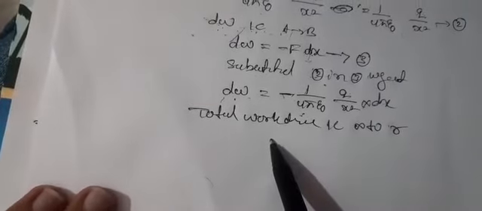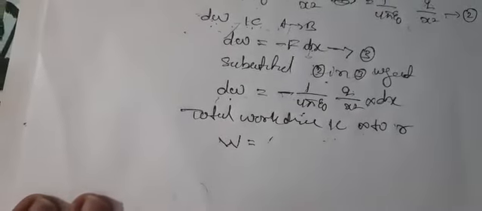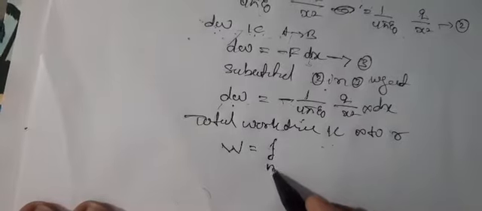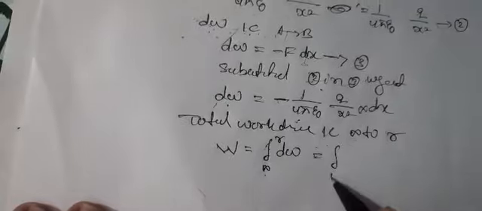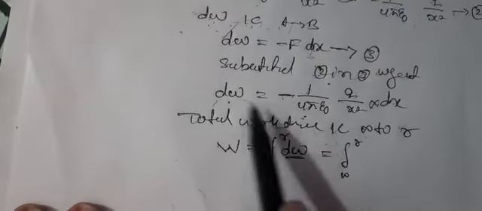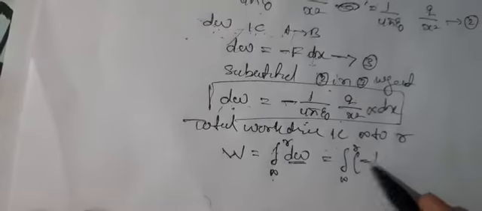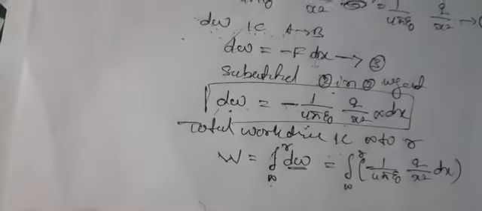The total work done is taken as capital W. Total means using summation or integral, with the upper limit r and the lower limit infinity. Substituting the value of dW, which is minus 1 by 4 pi epsilon naught q by x square with respect to dx.